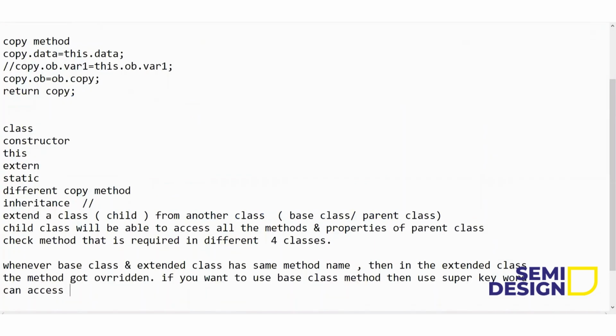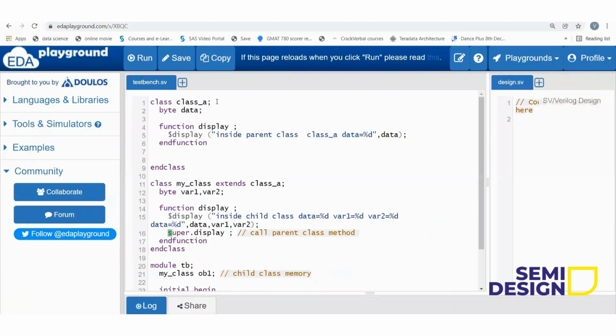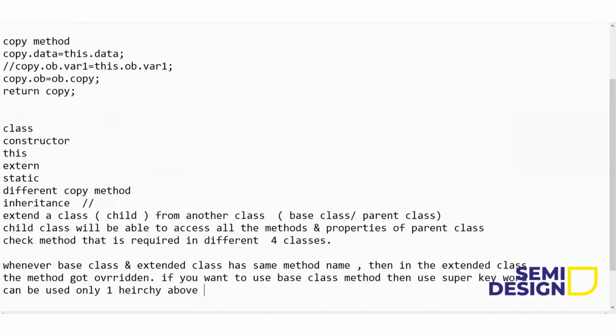According to the number of levels, you have to write the super keyword. Now let's say this class is also extended from another class. Then inside this class, write super dot keyword, so it can access its parent class method. Understood?